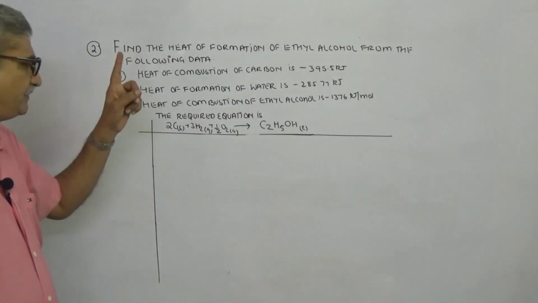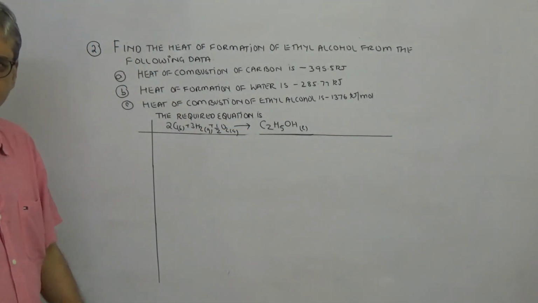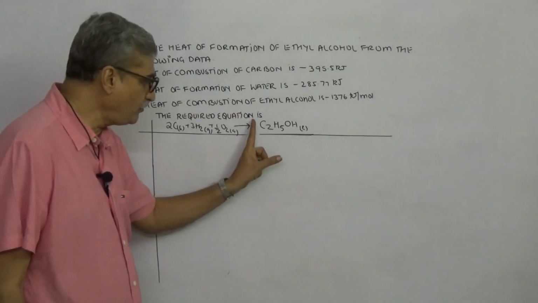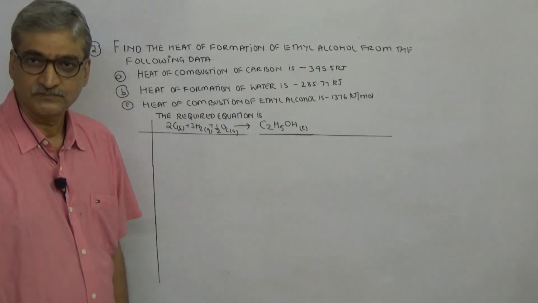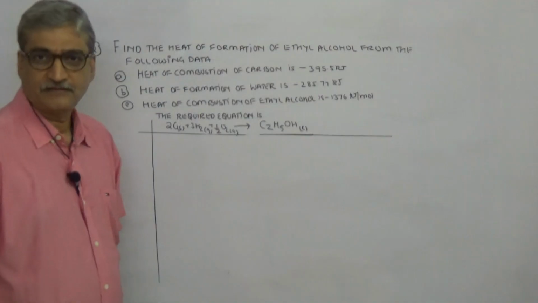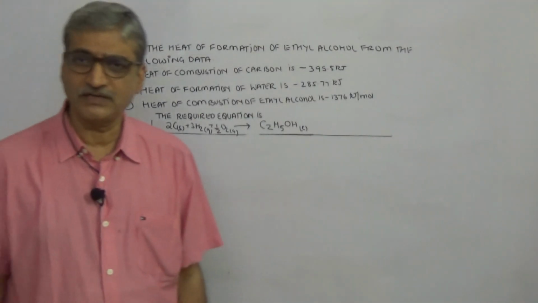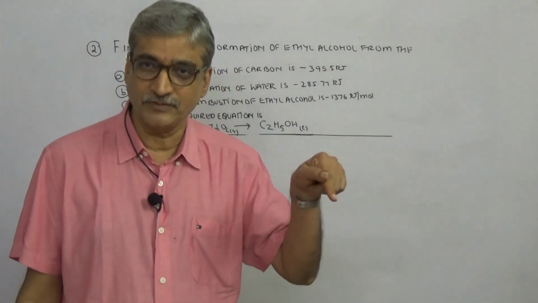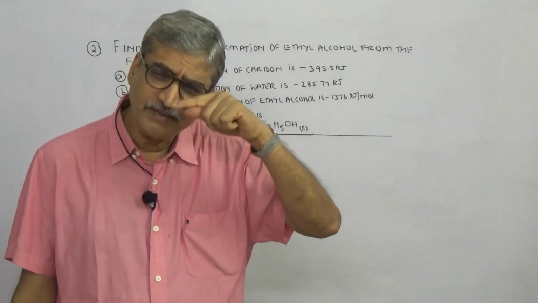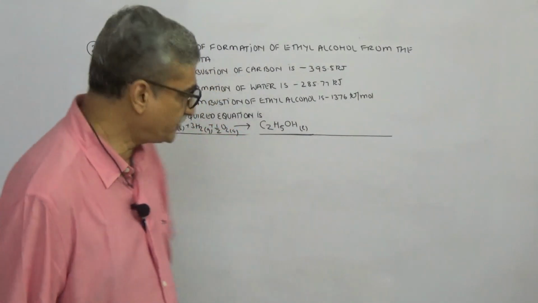So carbon, hydrogen and oxygen elements in the standard state are forming 1 mole of ethyl alcohol. So from the given data, by addition, subtraction, reverse, whatever it is, you have to get this equation. And then the same exercise has to be done with the delta H values.